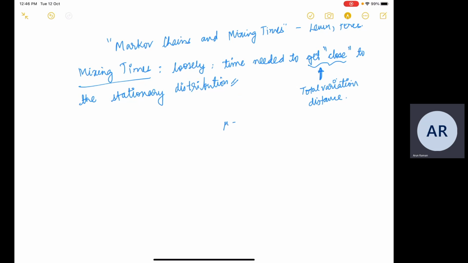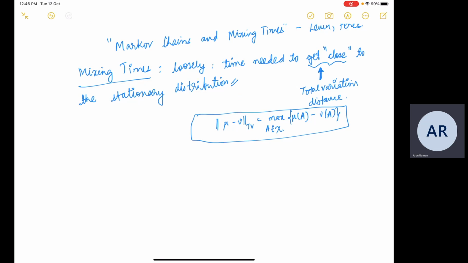Suppose we have two distributions, mu and nu, then the total variation between them, I think, is defined by, if I am not wrong, this is the definition of the total variation.